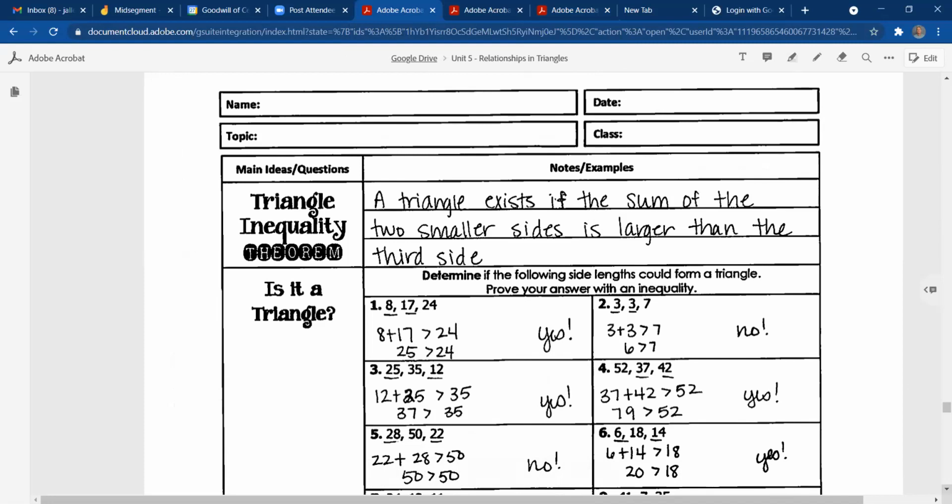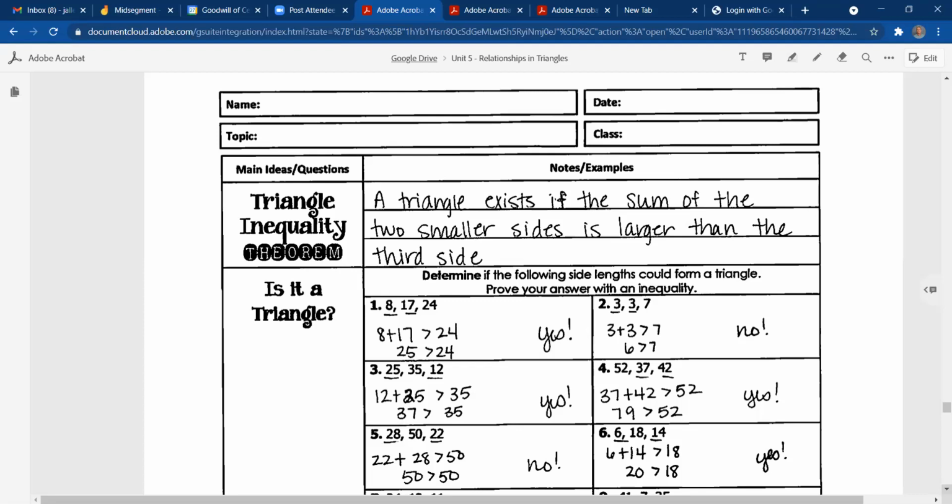It's a simple calculation. The sum of the two smaller sides must be larger than the third side. So if you look down through these calculations here, 8 plus 17 is 25. That's larger than 24. Okay, so that's a triangle. But the one with sides 3, 3, and 7 in number 2 is not a triangle. It won't close.